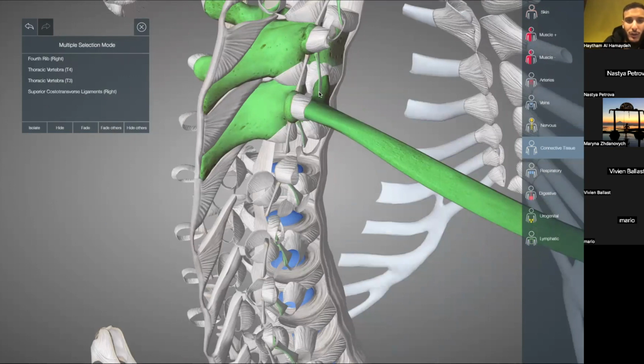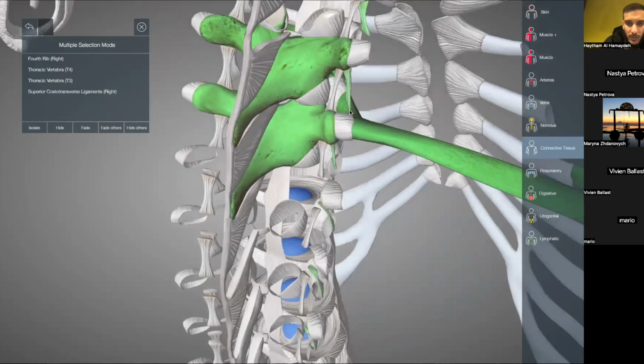It's called the costotransverse ligament. But just note that now we are not talking about the same transverse process that the costotransverse joint is involved in. No. The lateral part of the tubercle reaches out to shake hands with the transverse process of the superior vertebra.